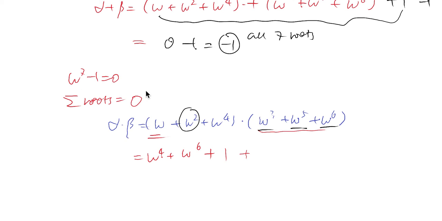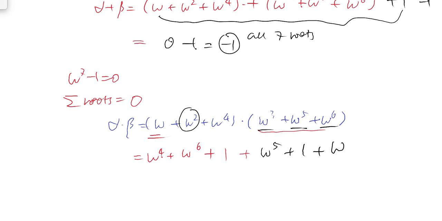So w squared multiplied by w to the power of 3 is w to the power of 5. And then 2 and 5, 7 becomes 1. W to the power of 7 is 1. W squared multiplied by w to the power of 6 is w to the power of 8, and w to the power of 8, you just reduce it to w. Anything beyond 7, you just always minus 7.